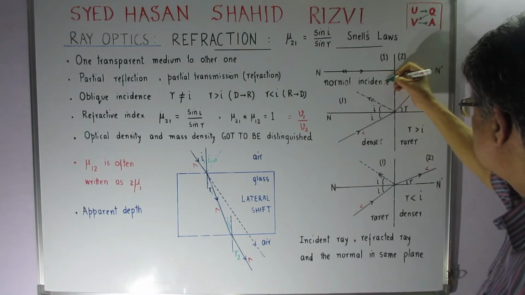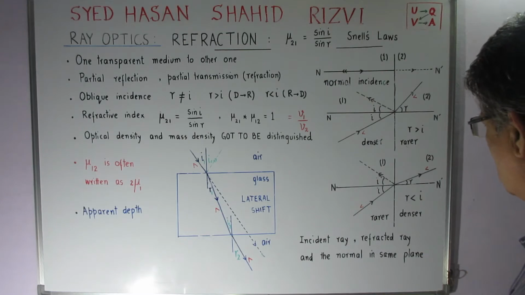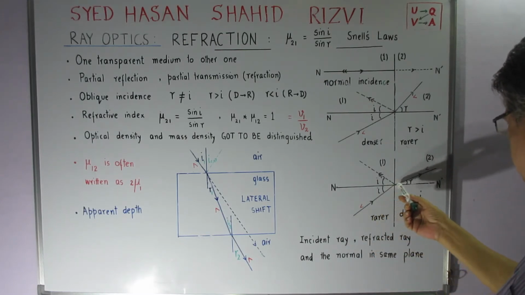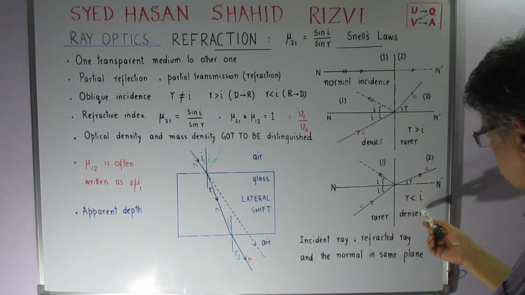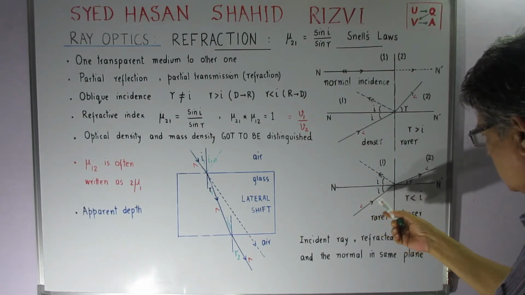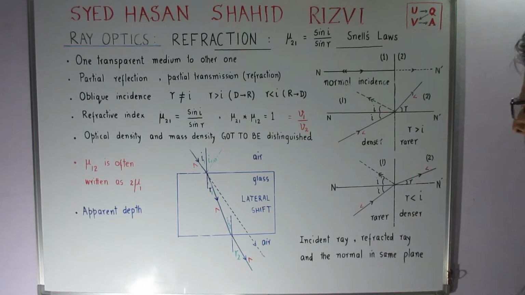In this case it goes towards the normal, but in the reverse, when it comes from denser to rarer medium, you can see that these red arrows retrace back. This is one of the properties associated with ray optics.